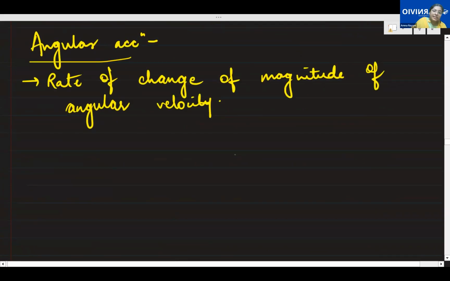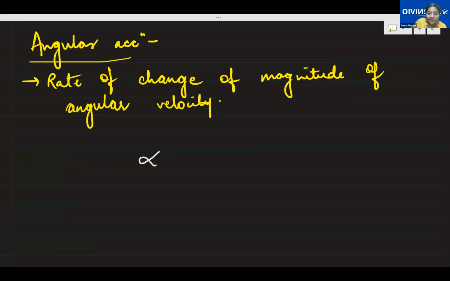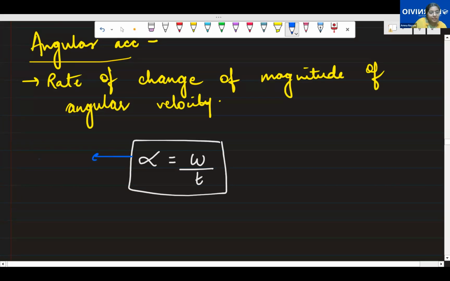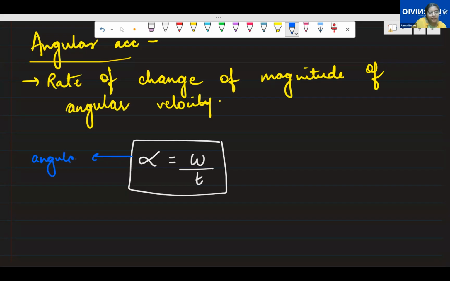Now, angular acceleration we haven't discussed. Let me discuss that. Angular acceleration is represented by the symbol alpha. Alpha means change in angular velocity by the change in time. See, this is the angular acceleration, this is the angular velocity, and this is the time.